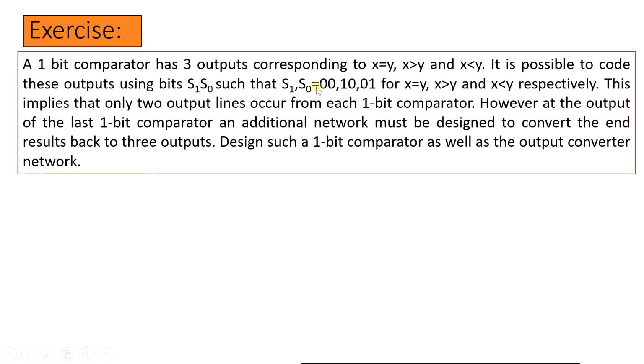So they have specified the coding, whereas previously we have explained the concept by considering the coding on our own. So encoding was done as per our choice, whereas this question clearly states how we are supposed to code. So finally they have asked us to convert the end result back to 3 outputs, and we have to design the iterative model. So kindly solve this as an exercise and check your result.